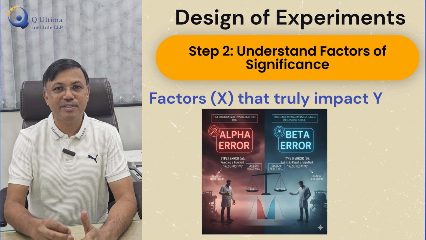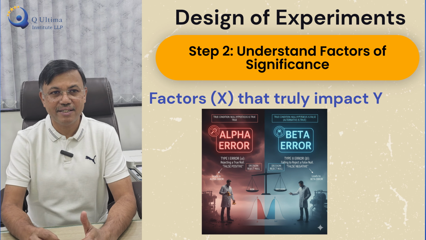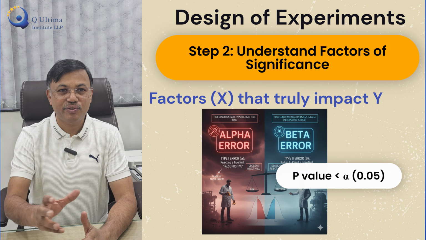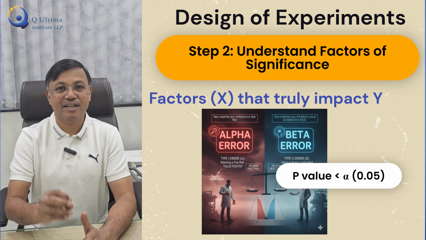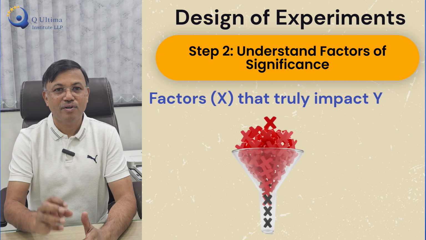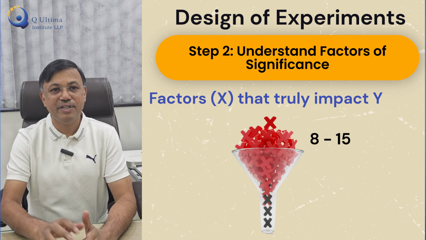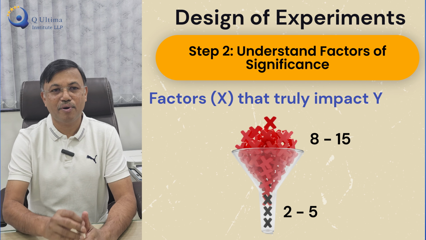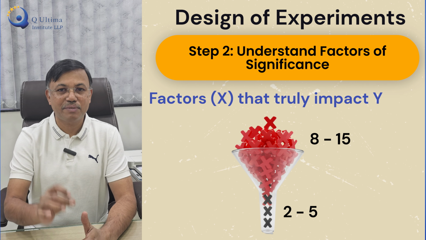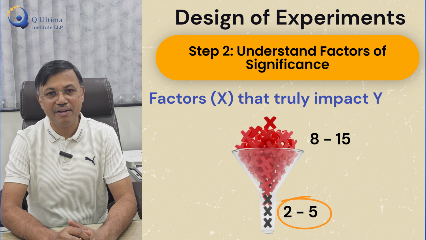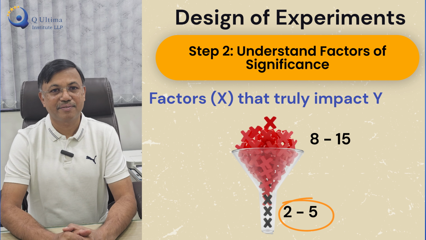This is decided using the appropriate hypothesis test and concluding based on p-value, which is called actual risk, and alpha, that is allowed risk. This step helps us narrow down our list from 8 to 15 potential variables to just 2 to 5 that are most important. We focus our experiment where the impact is greatest, and hence on these 2 to 5 factors.